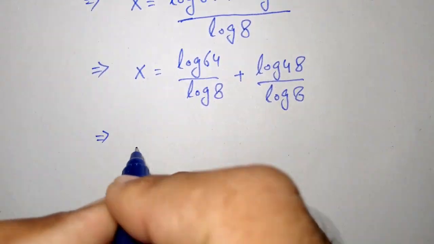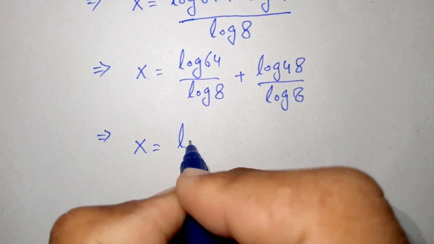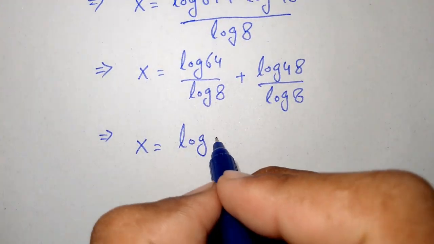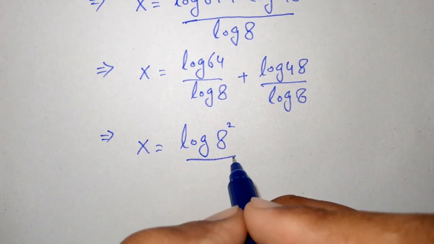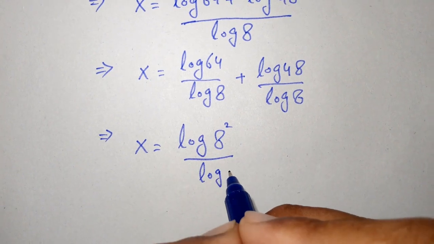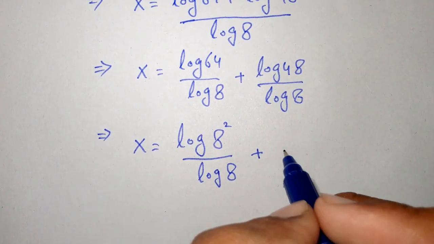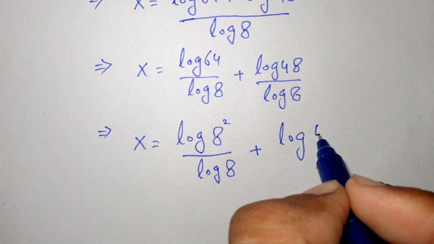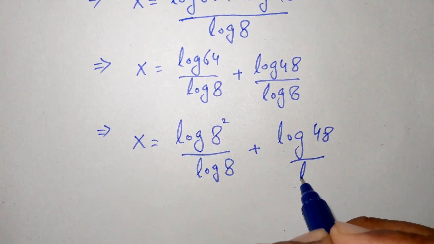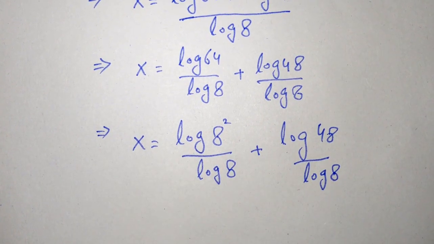x is equal to log of 64, which can be written as 8 square, divided by log of 8, plus log of 48 divided by log of 8.